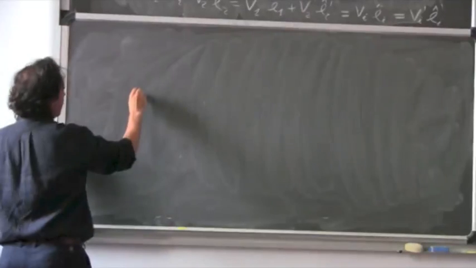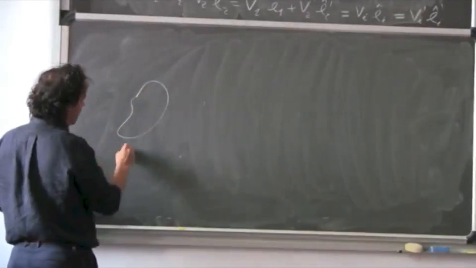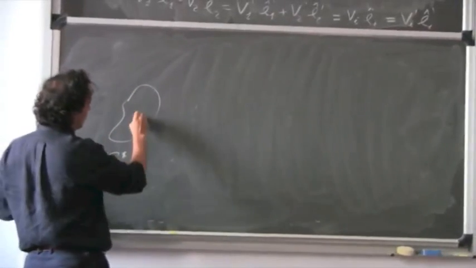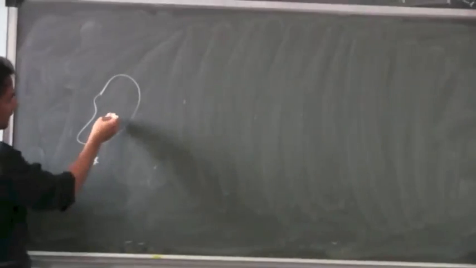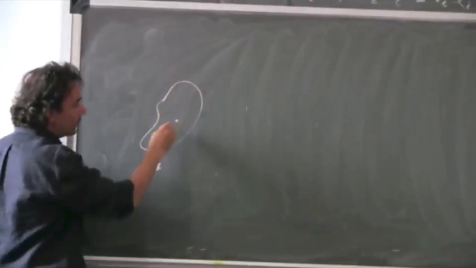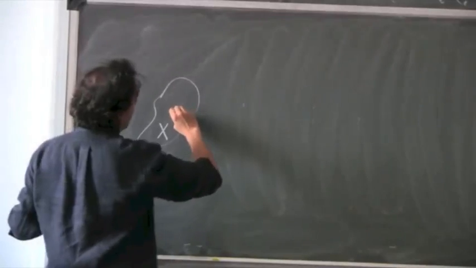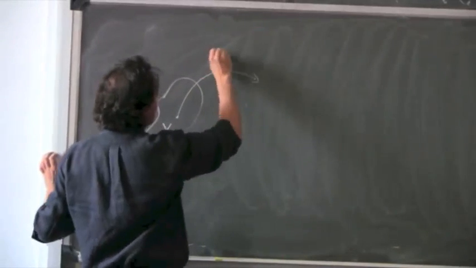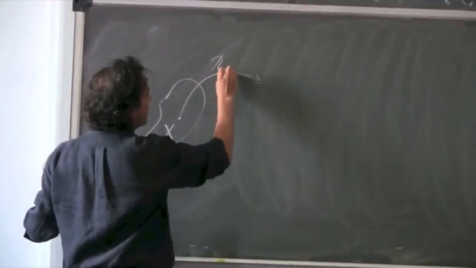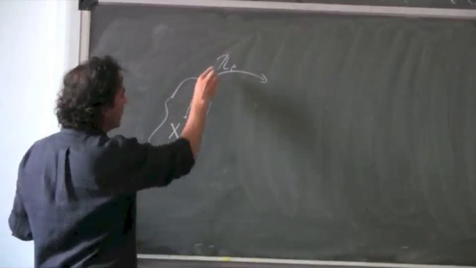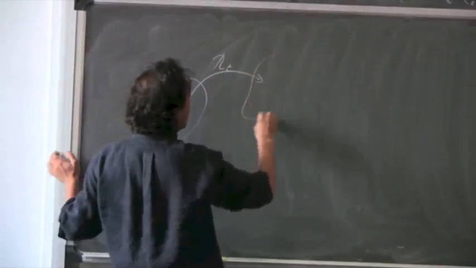You have seen the potatoes. Then every point of these potatoes is called capital X. Then you have the placement for a certain time. For a given time, you have a placement.